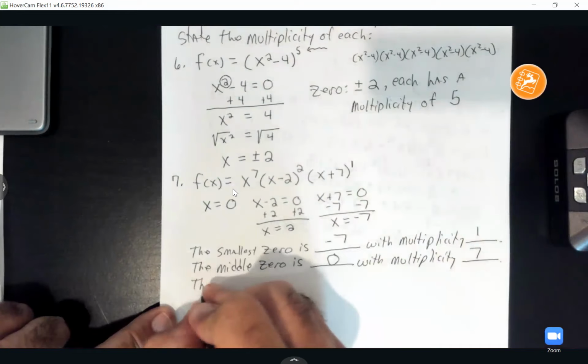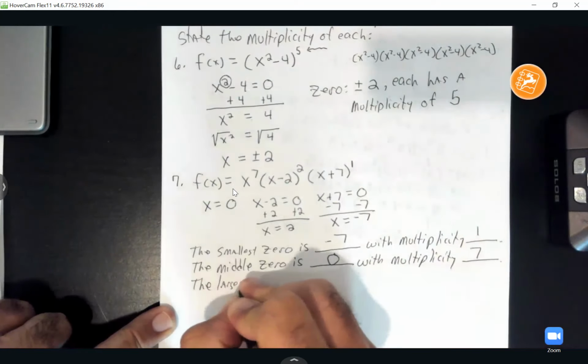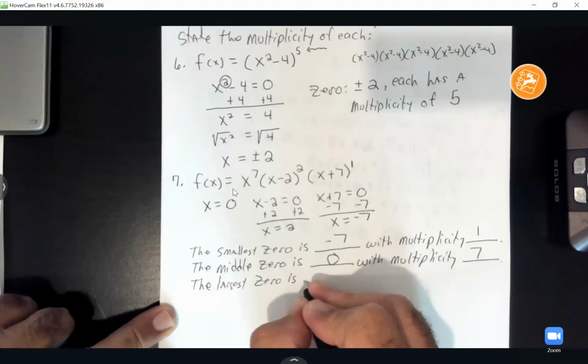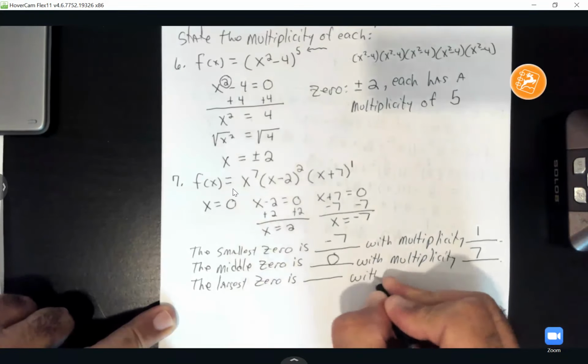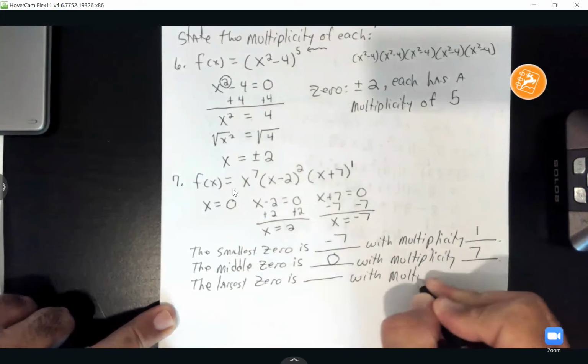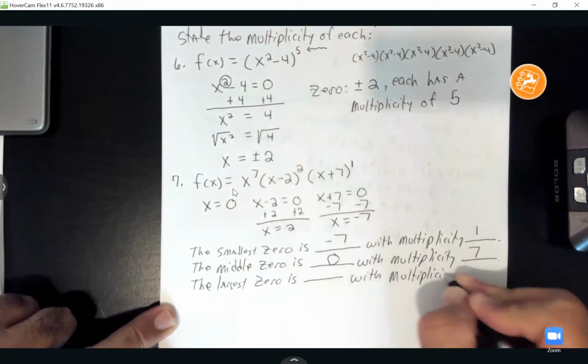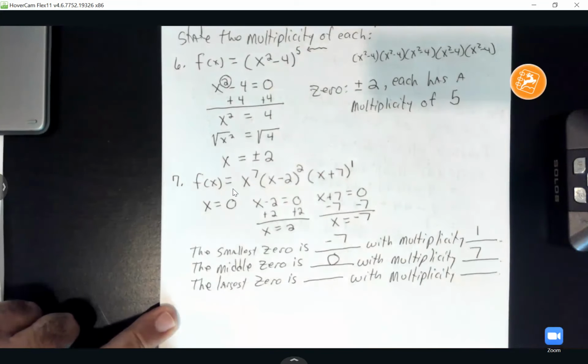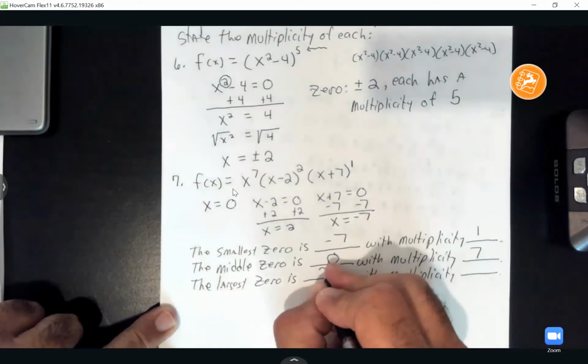And then they say, hey, the largest zero is blank with multiplicity blank. Ooh, these big words. So y'all, what is my largest zero? 2.